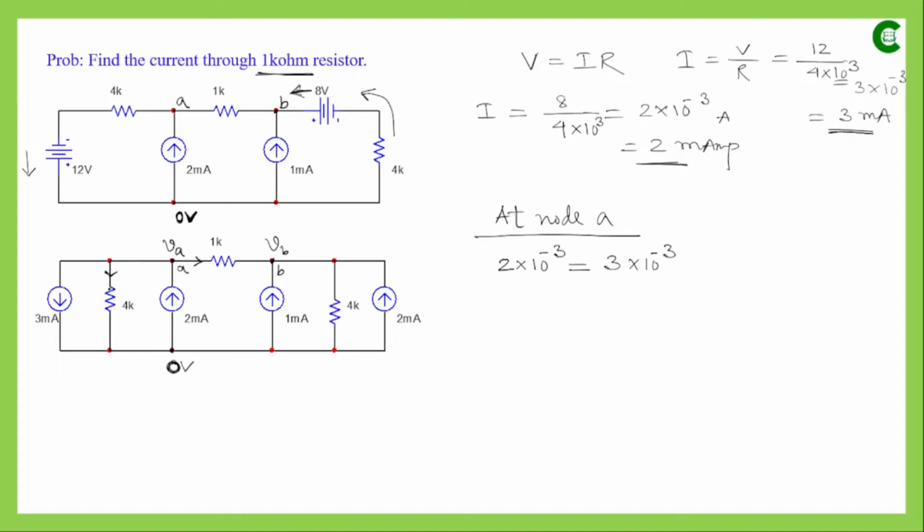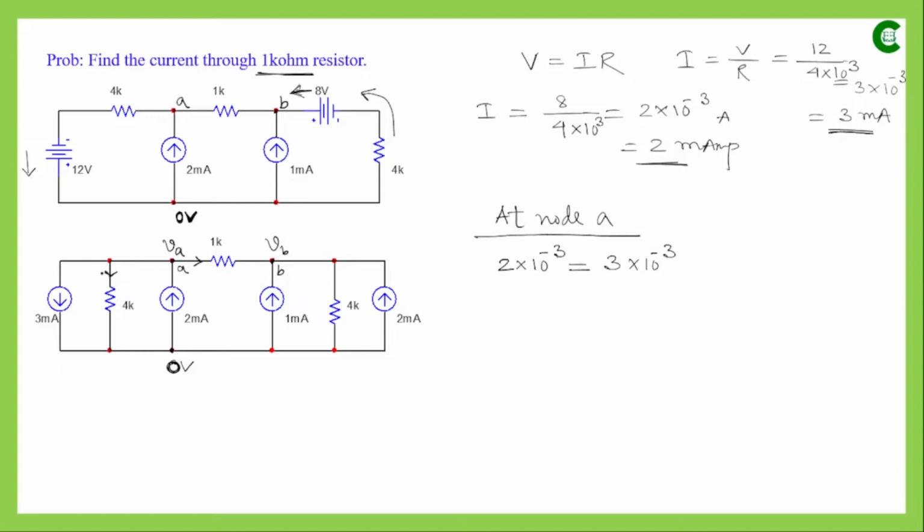That means as per the direction of the current that we have assumed, this point A is at higher potential and this point is at lower potential. When we find out the current value, we know that as per Ohm's law, it is the potential difference between two points divided by the resistance of that path.